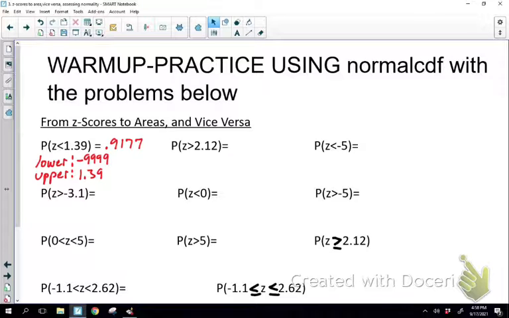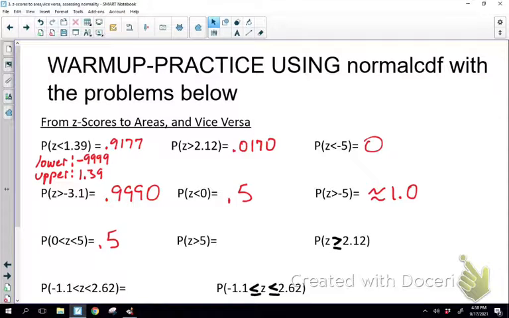All right, hopefully you were able to calculate those. You should have gotten 0.999, 0.5, about 1.0. You should have gotten 0.5, or about 0.5, I should say.